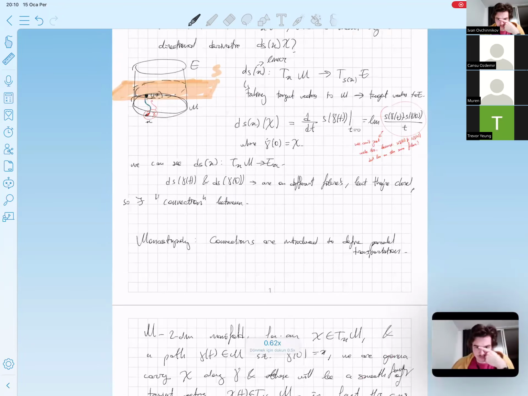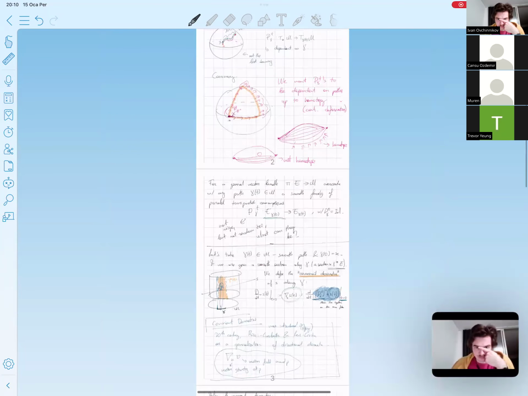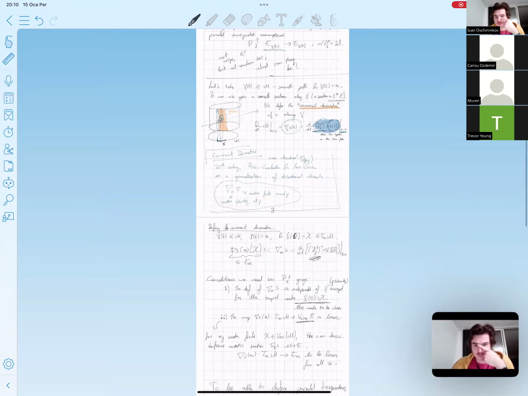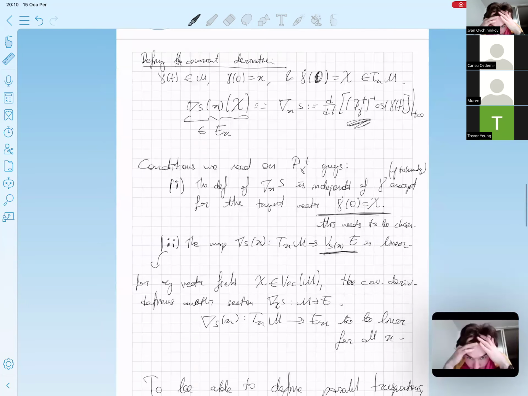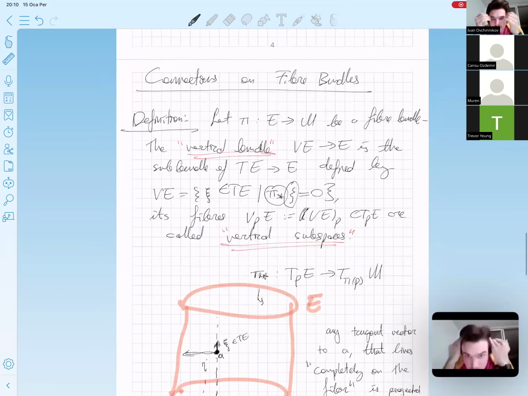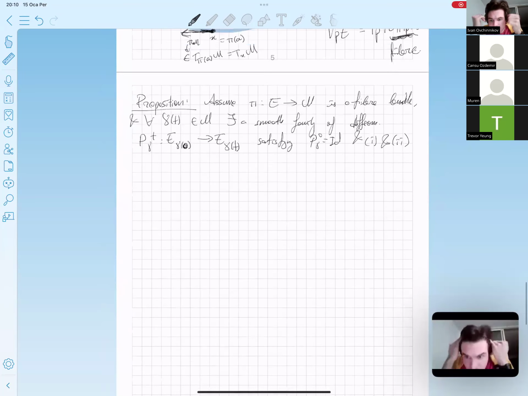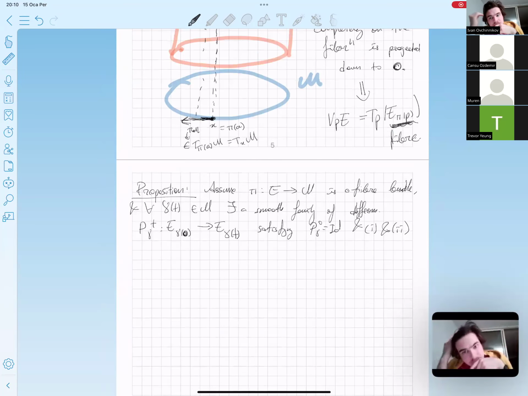Where are they? I lost them. Here. So these are 1 and 2. So we want them to be independent of gamma at the homotopy, and this guy to be linear. Then, so this is the assumption. Assume.